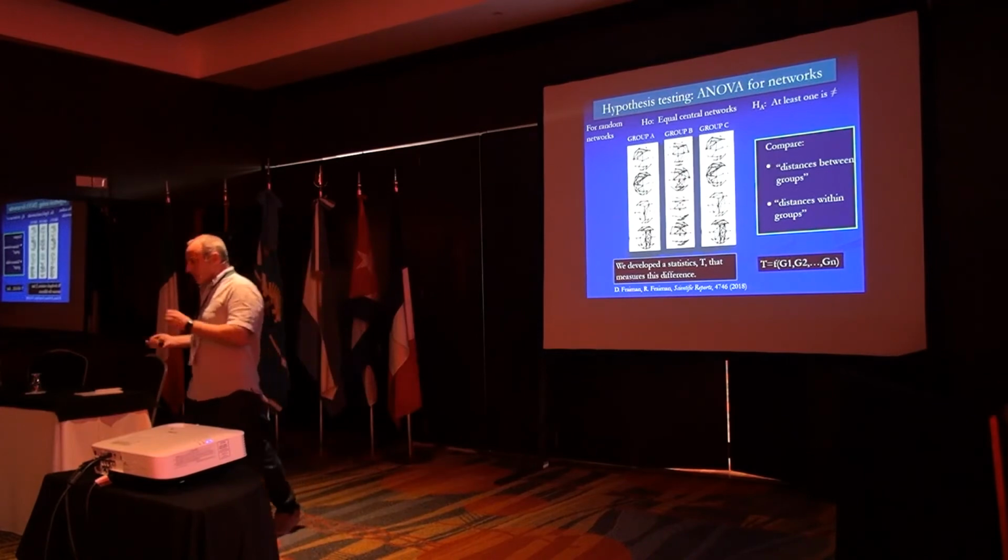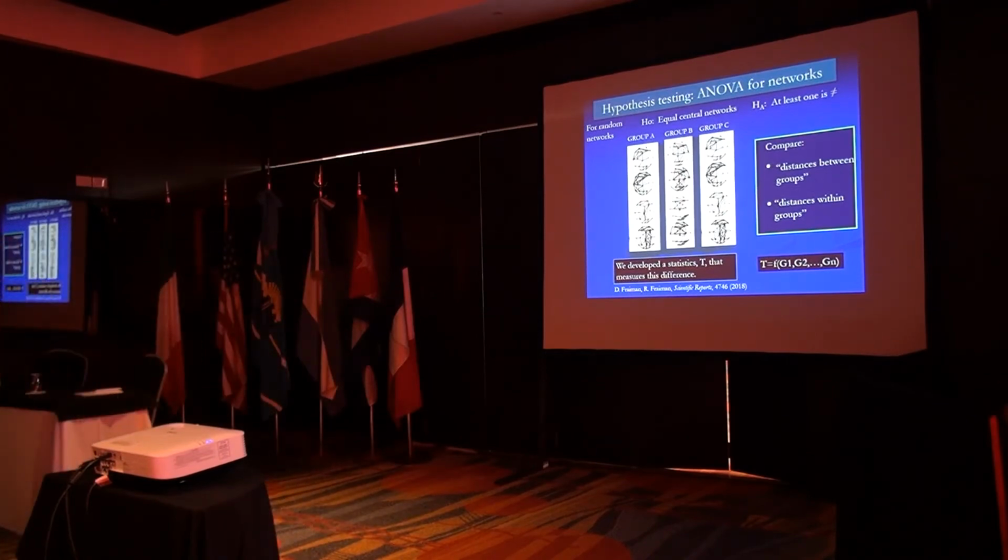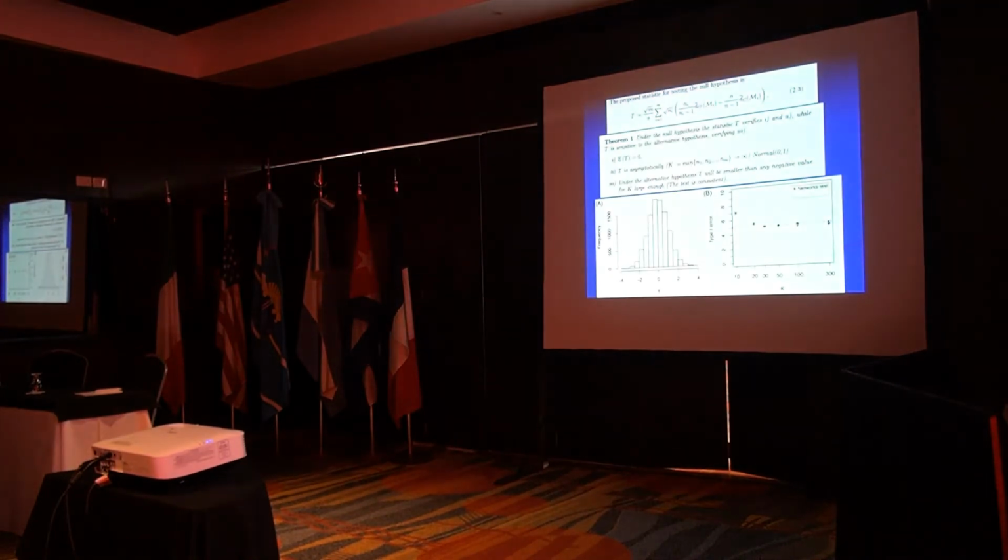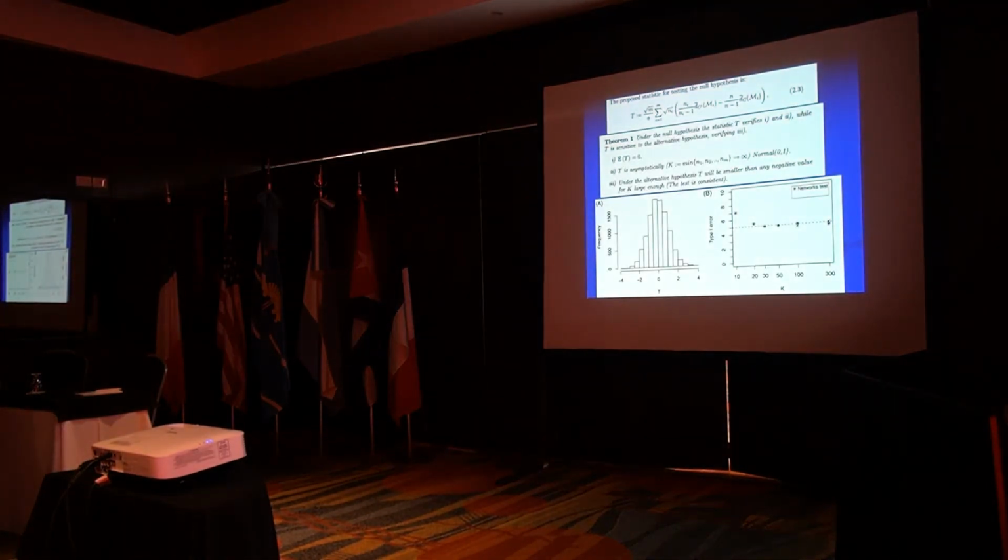If some central graph is different, then this will be greater than this. Then under the alternative hypothesis, this will be negative, and then you have a test for equal mean.